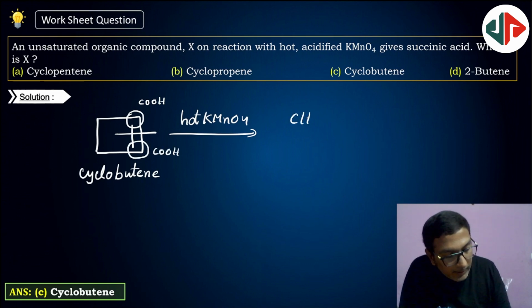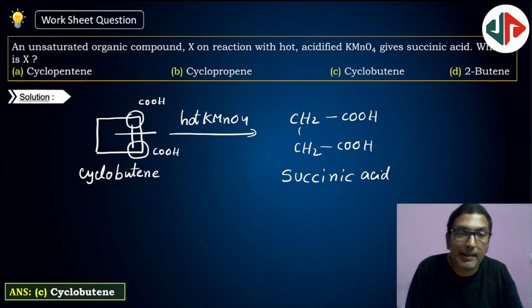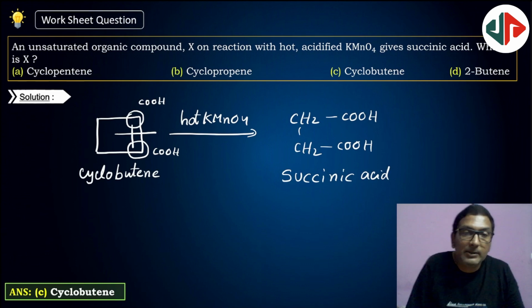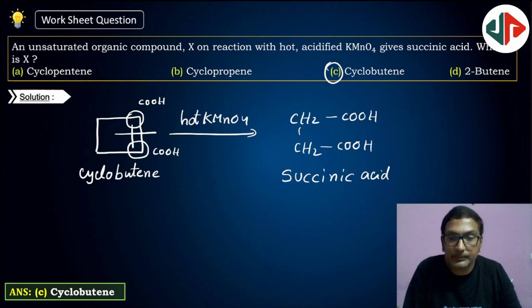Therefore, CH2CH2 with COOH and COOH, which is succinic acid. Very, very important. So =CH will be converted to COOH. Option C, cyclobutene. Next.